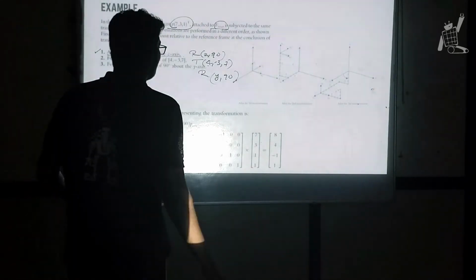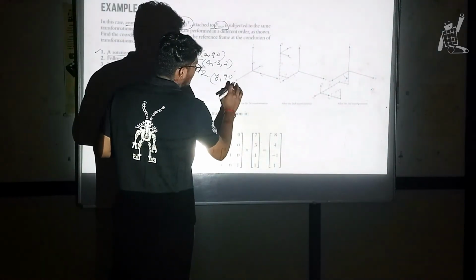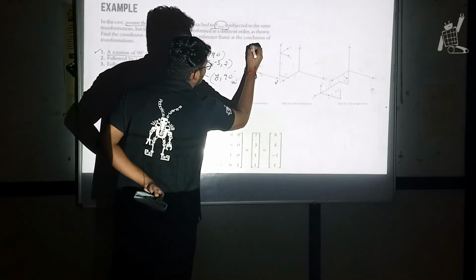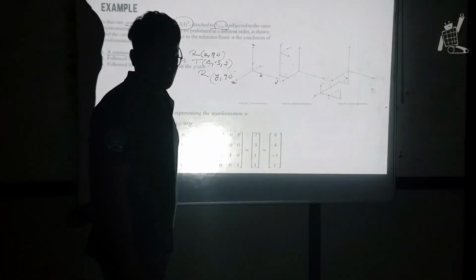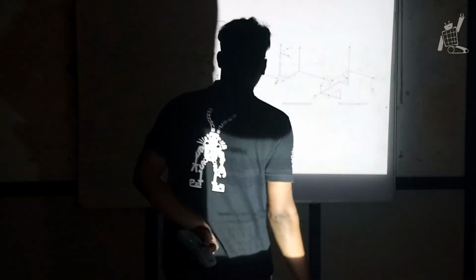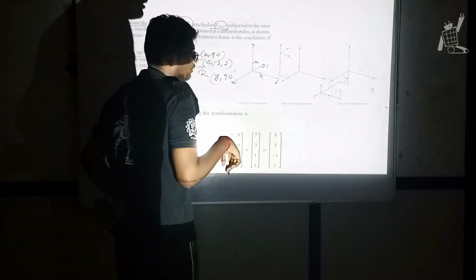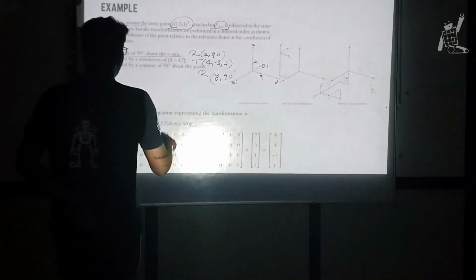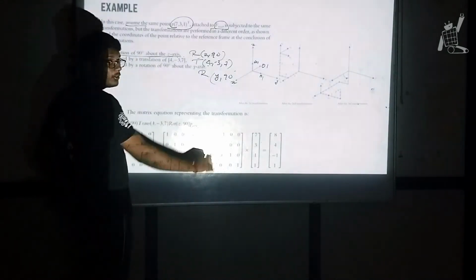It's not clear, right? This is x, this is y, this is z, this is n, o, and so on. That figure says about the first thing, that is rotation about the z axis.